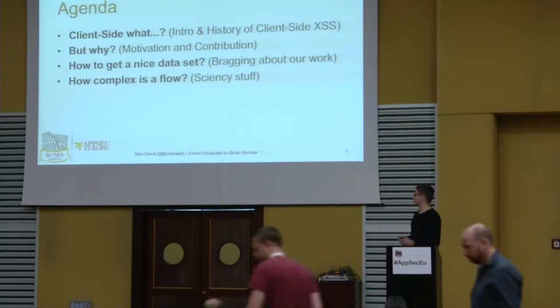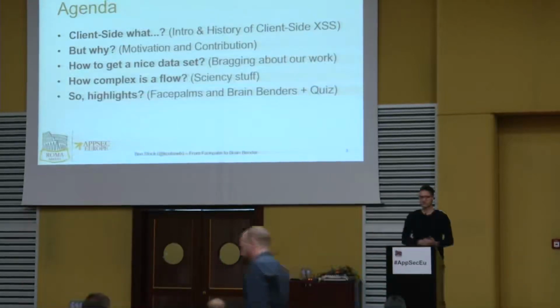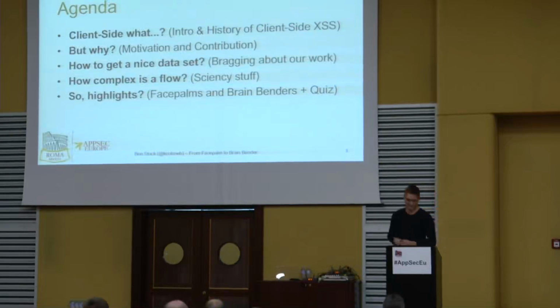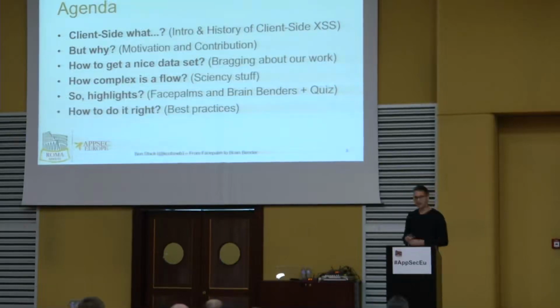Then, if at that point you have fallen asleep, we will have a highlight section, which basically is the facepalms and the brain benders, plus a quick quiz to see whether you can spot vulnerabilities that I have on the slides. And I will end the talk with a quick outlook on how to do it right, and have a conclusion in the end.